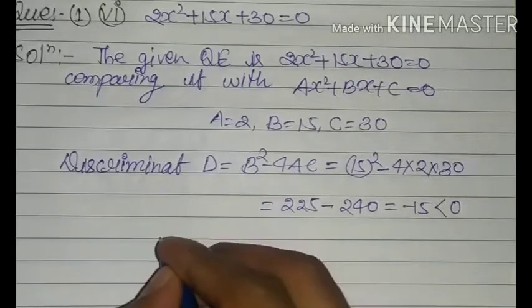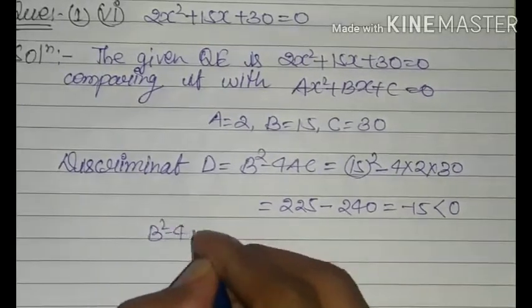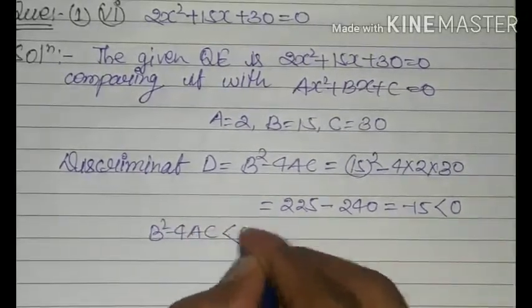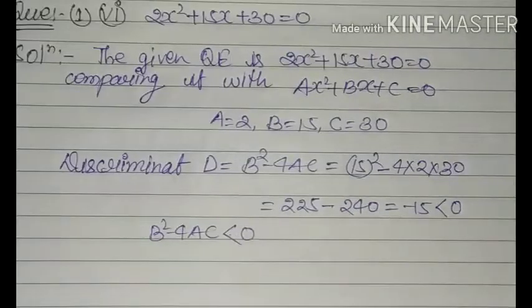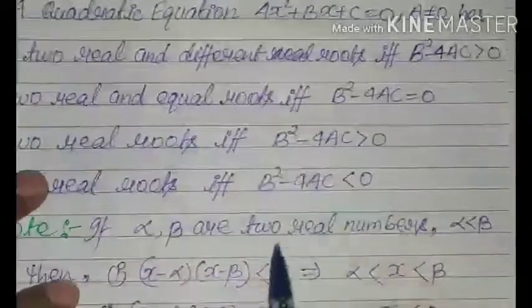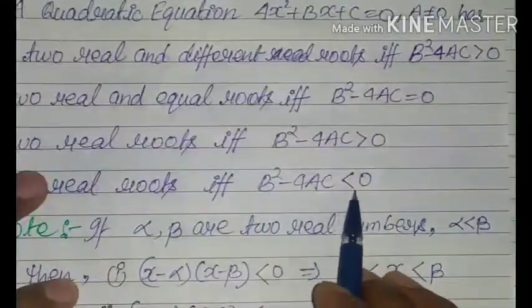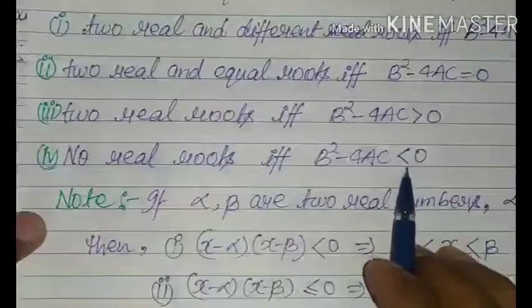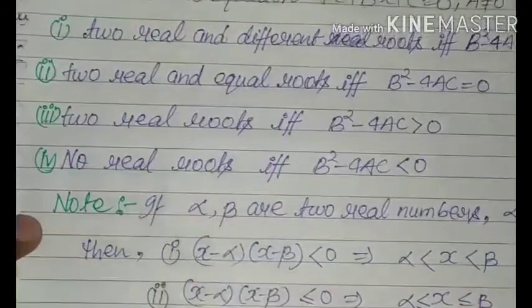Hence we get here discriminant b square minus 4ac is less than 0, and our condition says if a discriminant b square minus 4ac is less than 0, then that quadratic equation has no real roots.